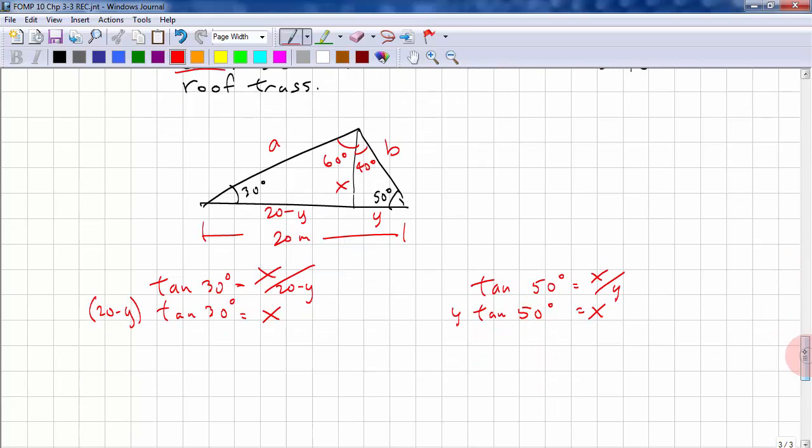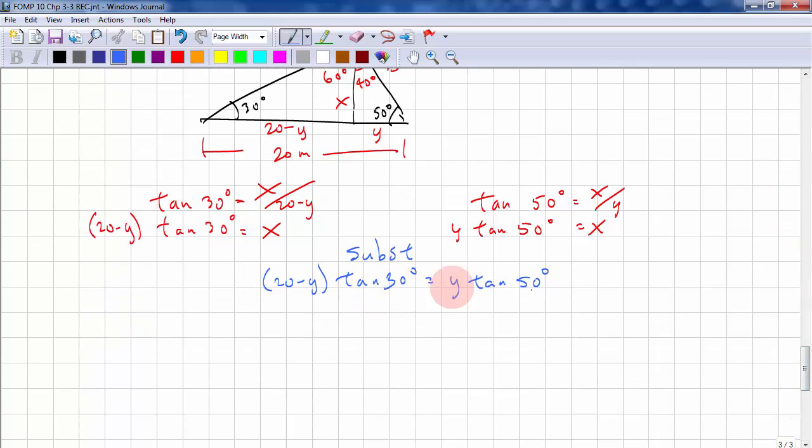Okay, we have an X and an X, so we can use substitution, just like in our systems of linear equations. Substitute. So (20 minus y) tan 30 equals y tan 50. Clean that up.